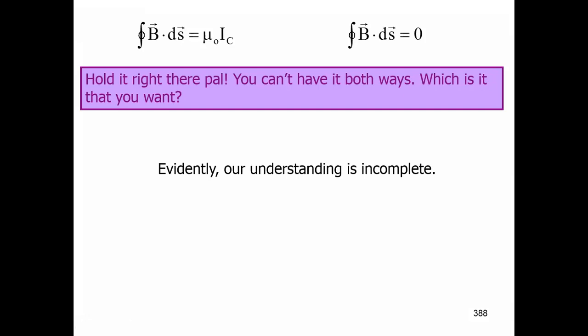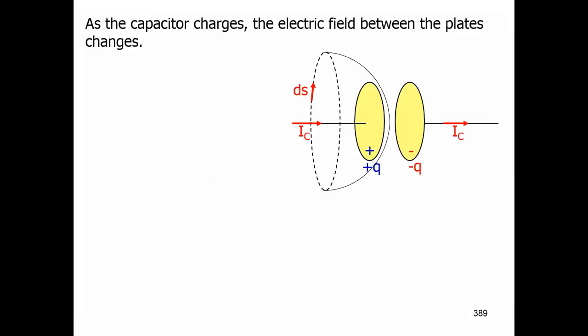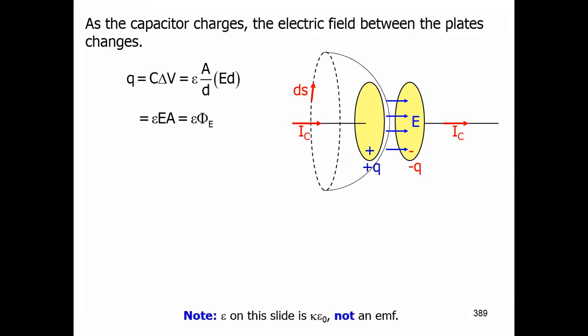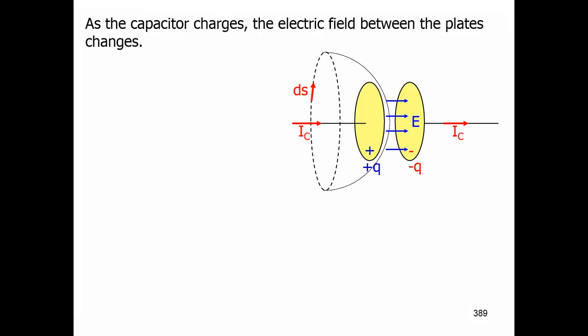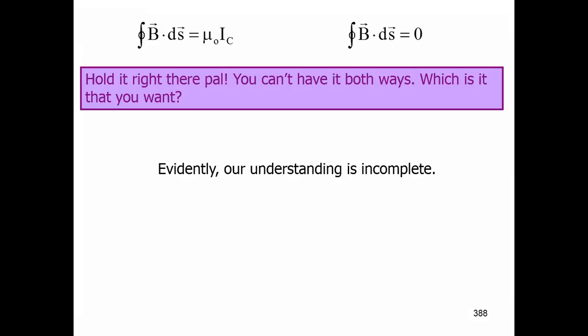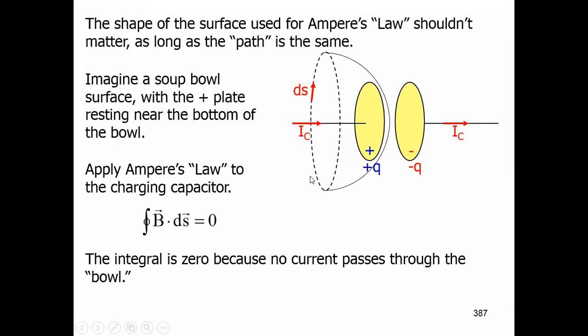Then he said, see, if you change the orientation here, if you just tilt it, then you find that there is a current.